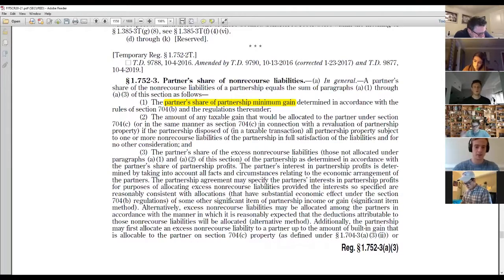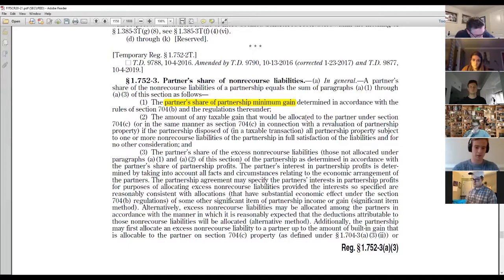And if that 704(c) property secures a non-recourse loan, then we ask, well, what if we sell that property for the amount of the non-recourse loan and nothing else? How much gain would be allocated to the partners? And so it's a hypothetical disposition of this 704(c) property, and we see where the gain would go.